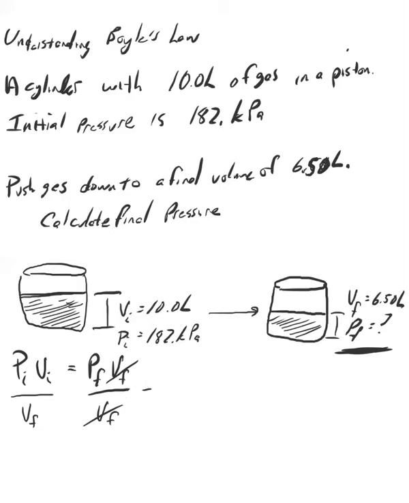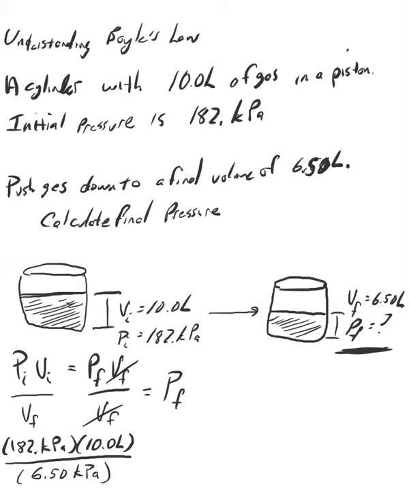And that gives you P final, right? So we want to take the initial pressure times the initial volume and then divide it by the final volume. So 182 kPa times the initial volume, which is 10 liters, and then divide that by our final volume, which is 6.50 liters.